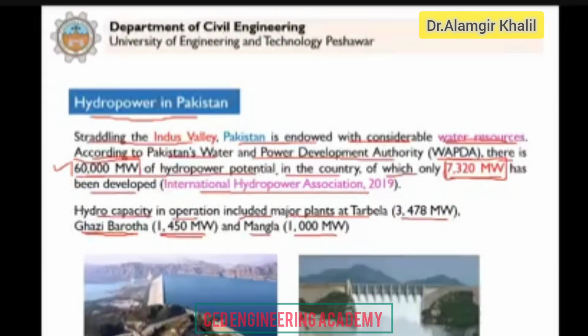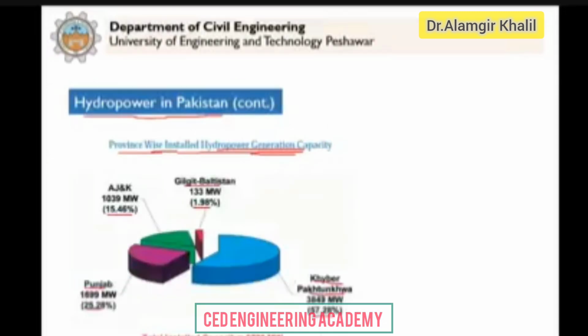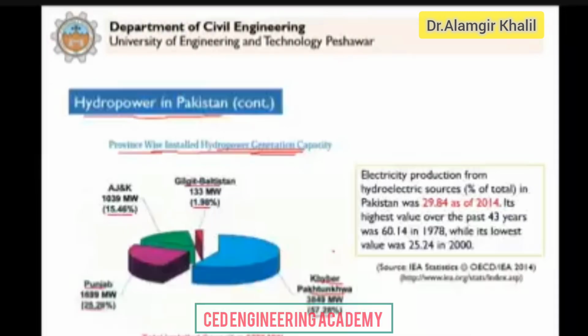Now, as per this report here, electricity production from hydroelectric sources, percentage of total in Pakistan was 29.84% as of 2014. This is according to this source.